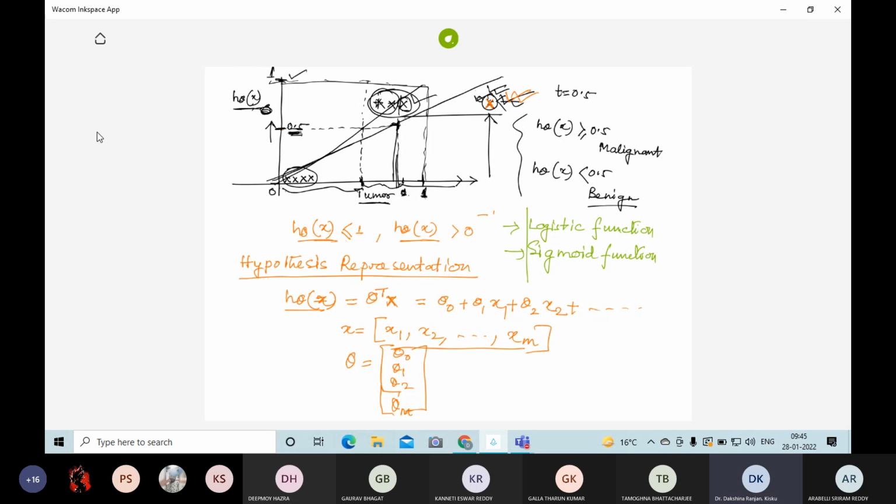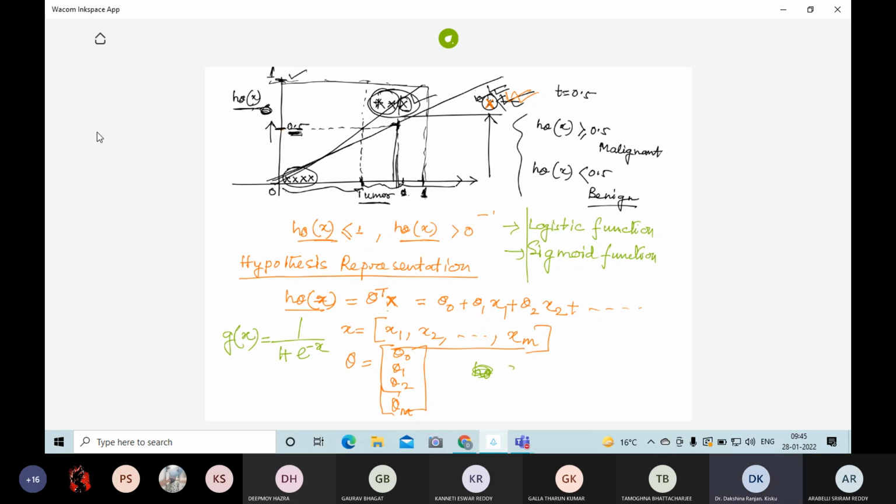What we know about the logistic function is that the logistic function g of x is defined as 1 divided by 1 plus e to the power minus x. But in place of x, we will write theta transpose x.